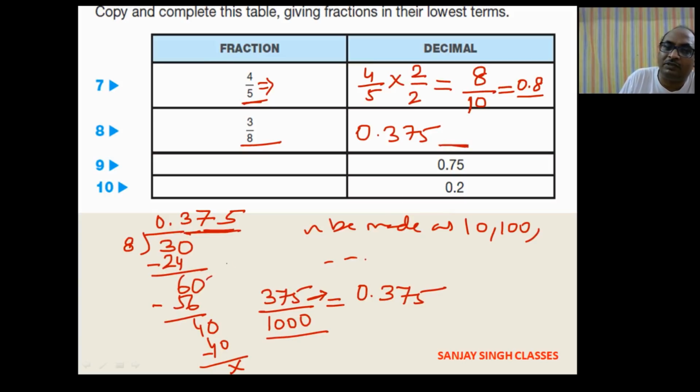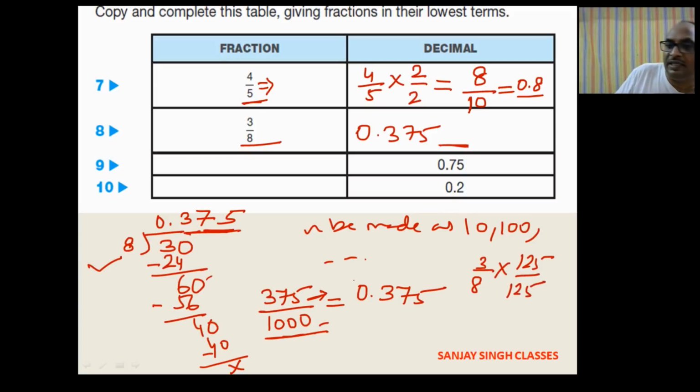We can do this with the long division method also. We can go for converting the denominator by multiplying with a suitable number, as we have done for 3 by 8, where we multiplied with 125 by 125.